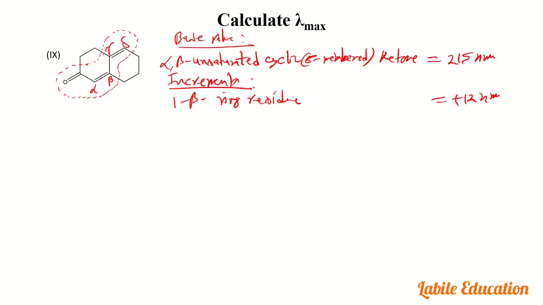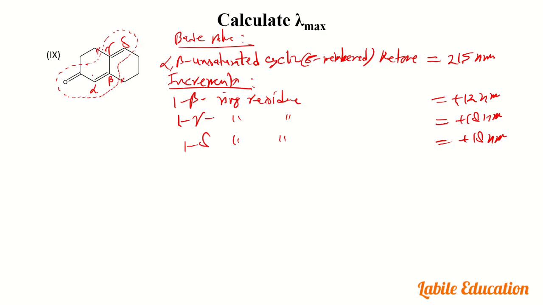And at gamma this is one gamma ring residue, that is also part of the ring, and that will contribute 18 nanometer. And at delta this is one delta ring residue, this will contribute 18 nanometer, right?